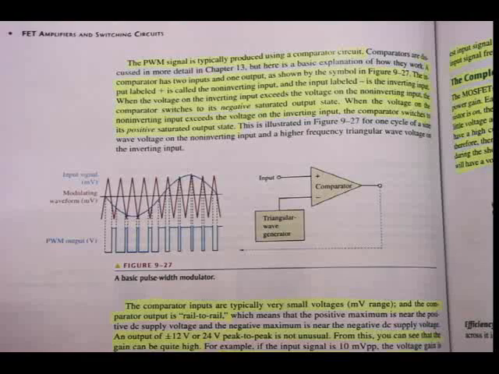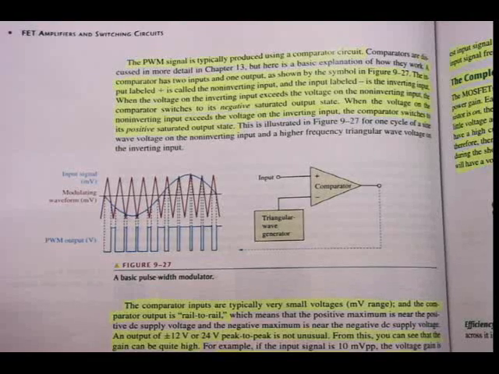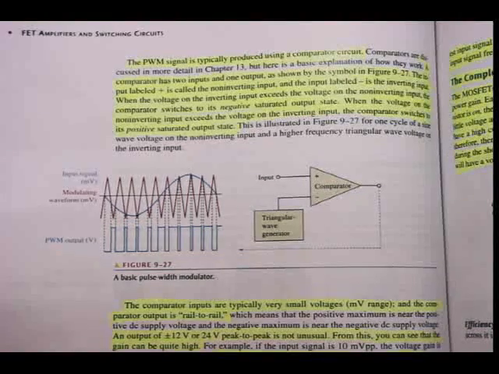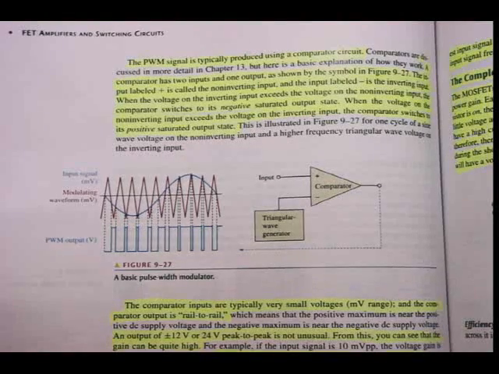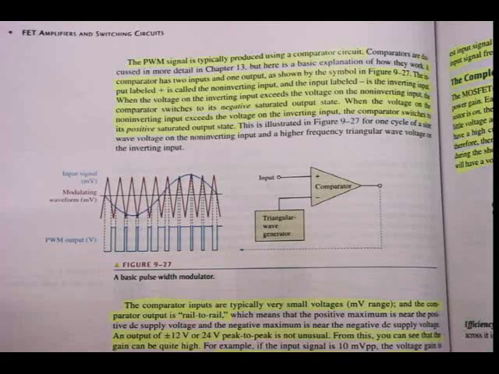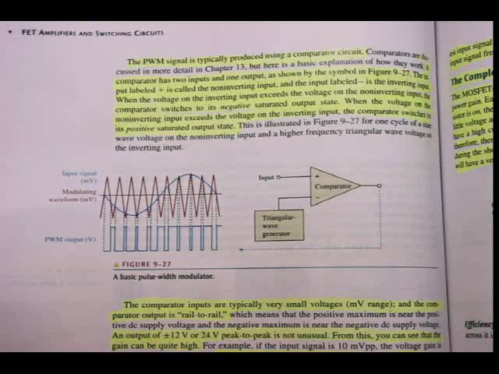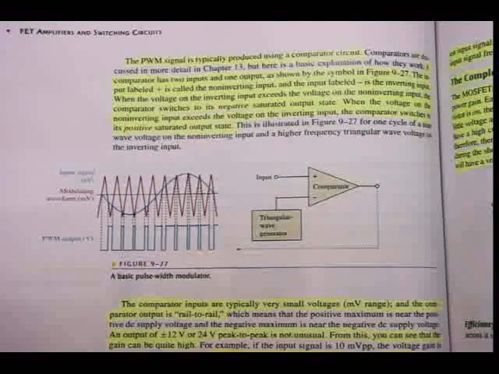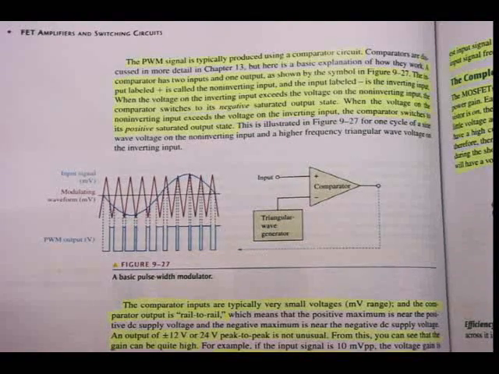But since the comparator output amplitude is constant for a specified range of input voltages, the gain is dependent on the input signal voltage. If the input signal is 100 millivolts peak to peak, for instance, the output is still 24 volts peak to peak. All right, so the gain is going to get influenced. So now the gain is only 240 instead of 2400.